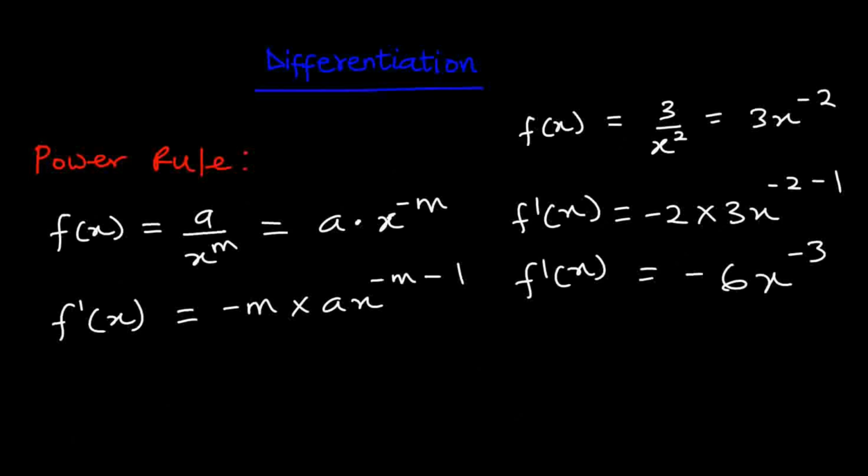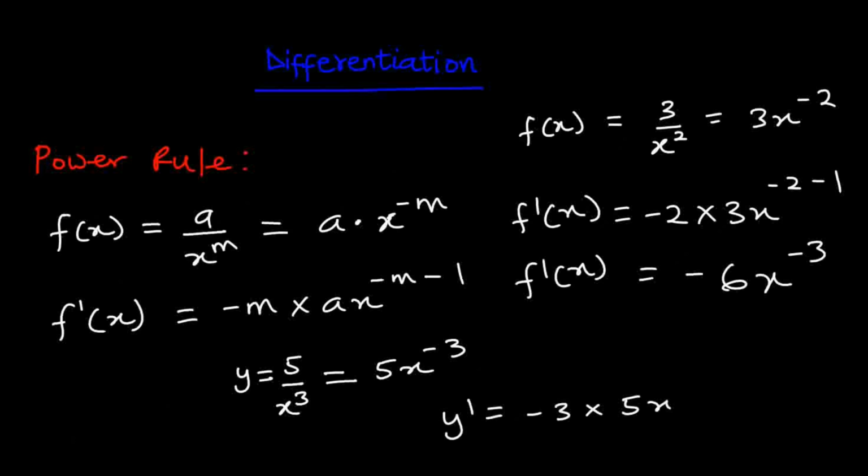Okay, let's take another example. Let's say you have a function y equals 5 over x to the power 3. You can write this as 5x to the power minus 3. Therefore the derivative, y prime, will be equal to minus 3 multiplying 5x to the power minus 3 minus 1.